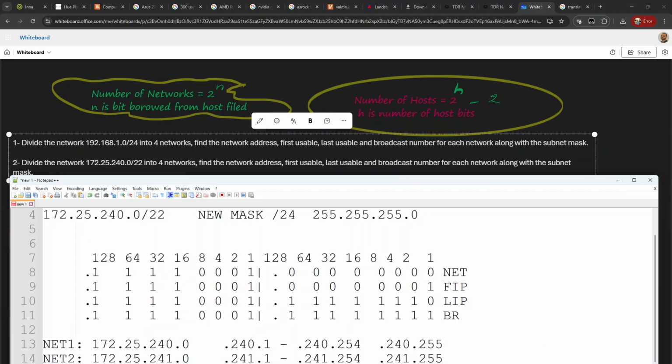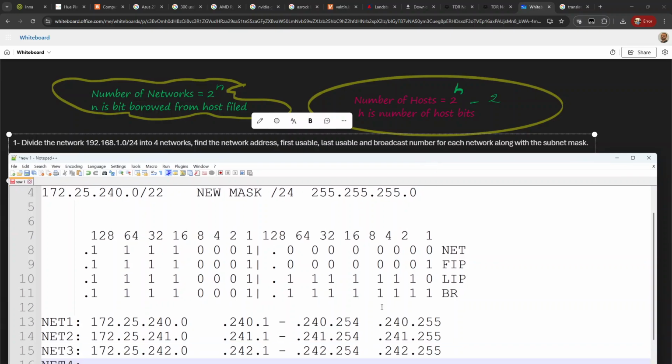And the last network, number 4, we are going to get, let me move my window a little bit, 243 here, right? 243.0. And if you get confused, you could write it in binary and copy the bits to get this.